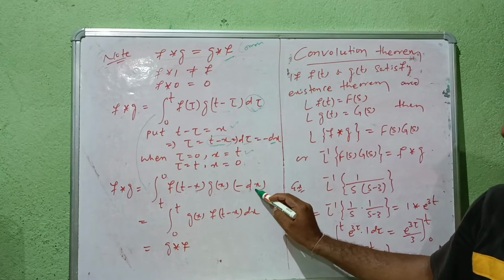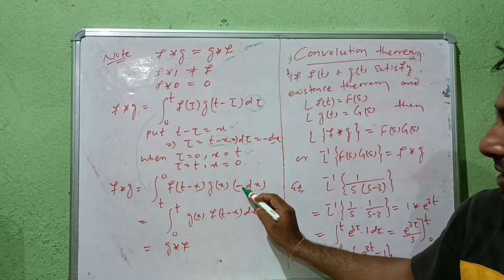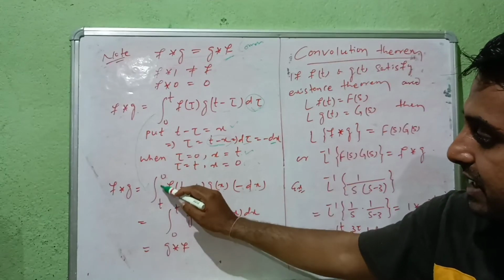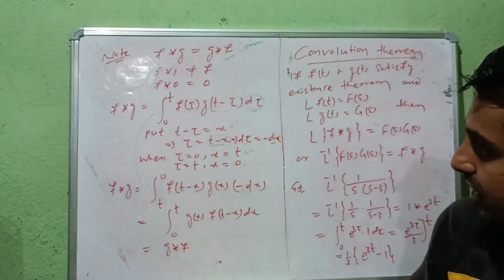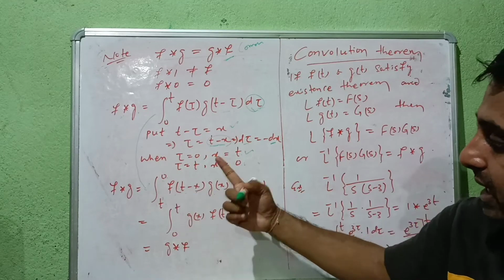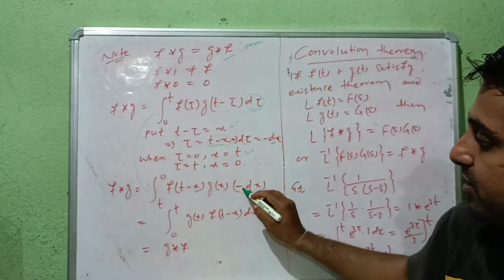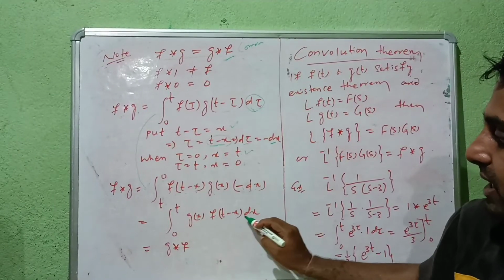Since there is a minus sign, if you want to remove it, you have to change the upper limit and lower limit. If you swap the limits, one negative sign is multiplied, because of the property of integration. So minus becomes plus: the integral from 0 to t of g of x f of t minus x dx.